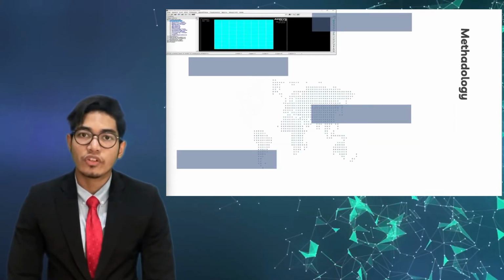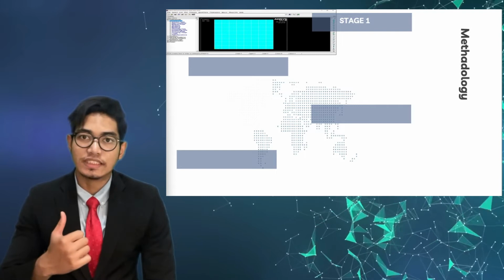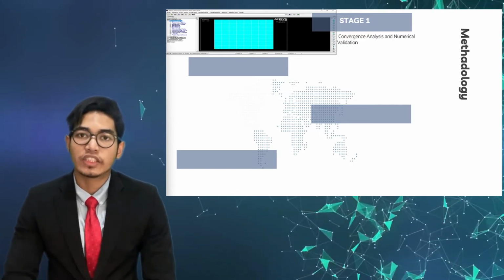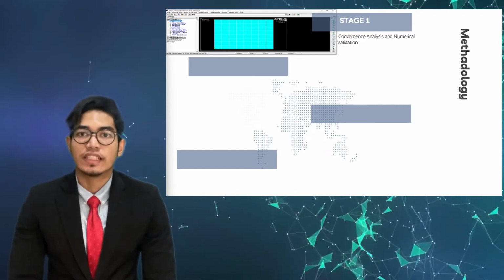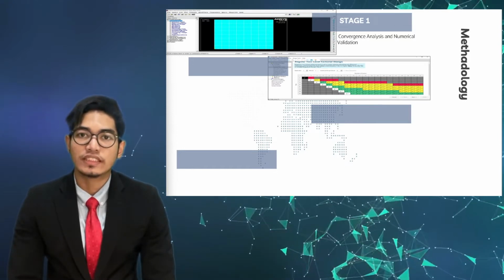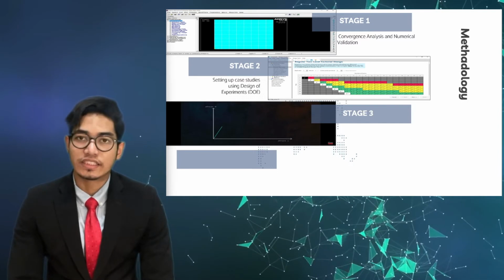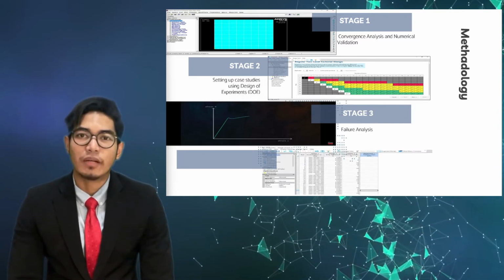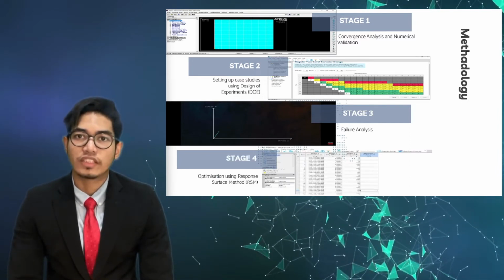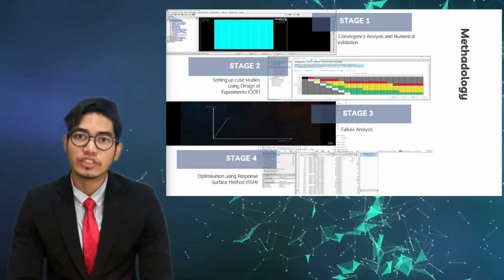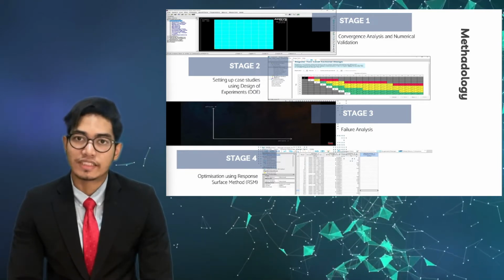The methodology will be in 4 stages: convergence and numerical validation for stage 1, setting up the case study using design of experiment for stage 2, and stage 3 is failure analysis. Stage 4 is for arranging the FYP results, which will be optimization using response surface method (RSM).